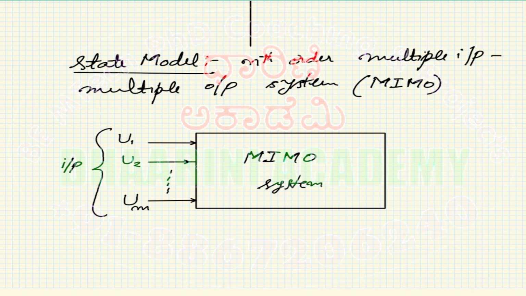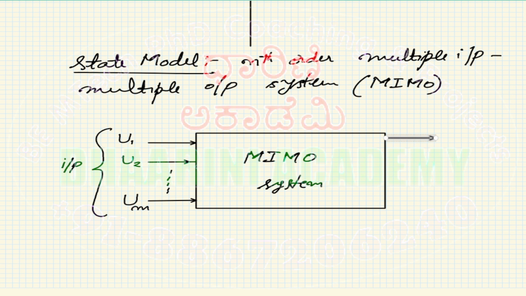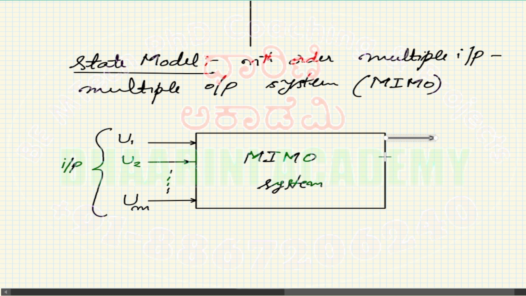Okay, and the number of outputs can be completely different. So let's write a different number for the outputs. Let's call them y1, y2, and let's say we have p number of outputs, it's different.